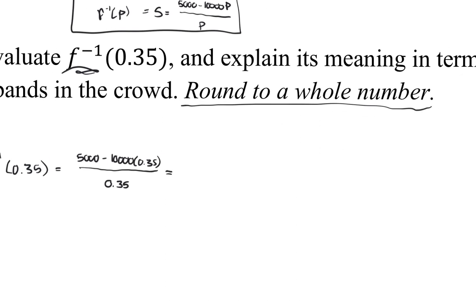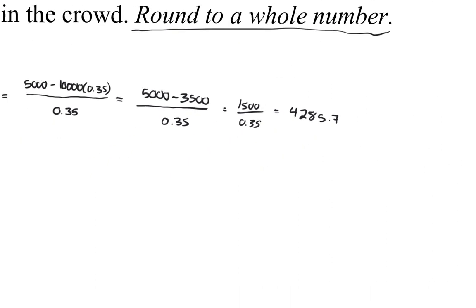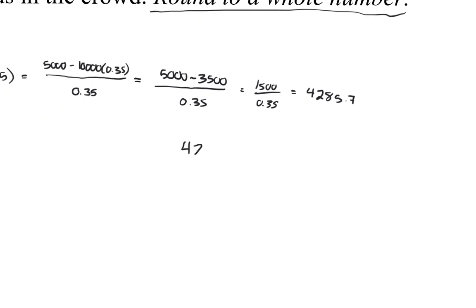That's the same as 5,000 minus 3,500 over 0.35, which is 1,500 over 0.35, which gives us 4,285.7, or 4,286 people.